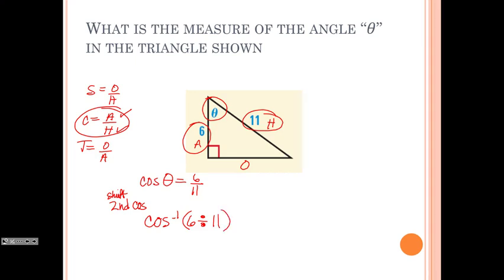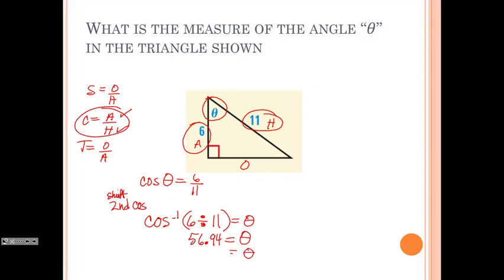When you do that, you are going to get an angle measurement. Take a minute: shift cosine, 6 divided by 11, make sure your calculator's on degrees. You'll get 56.94, so theta equals 56.94.